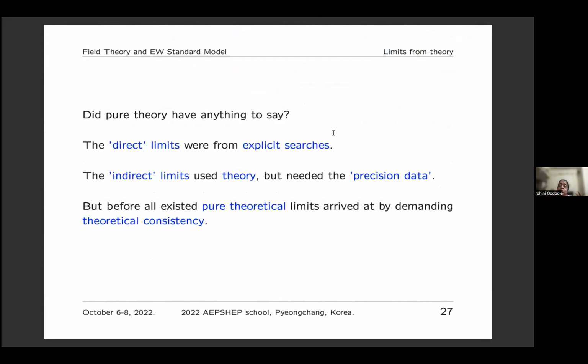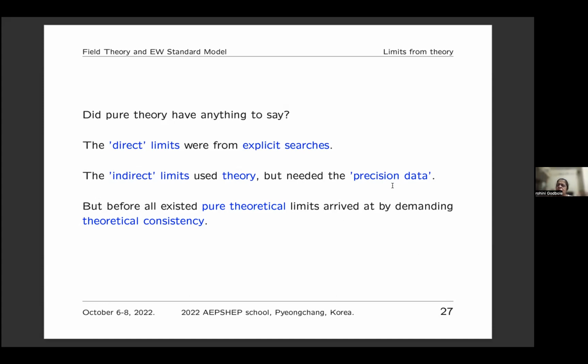Those were proportional to the masses. That was a very simple prediction, and therefore that helped direct the searches in different final states. And the indirect limits actually used theory, but they needed the precision data to limit the Higgs mass.